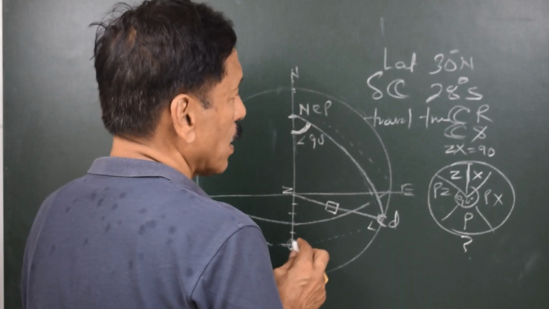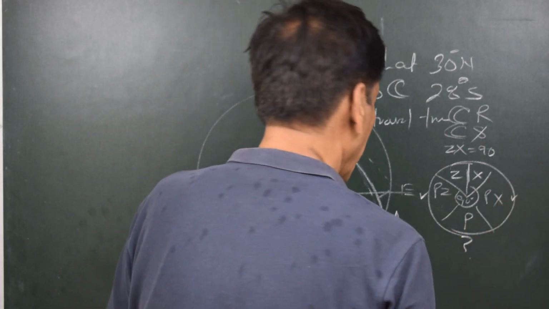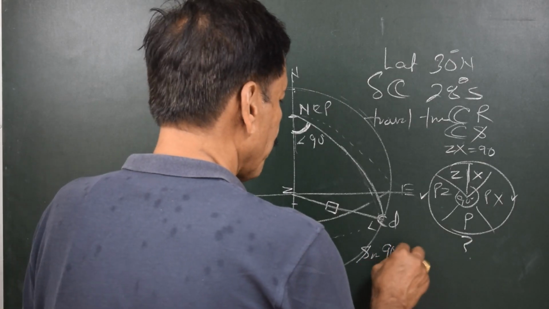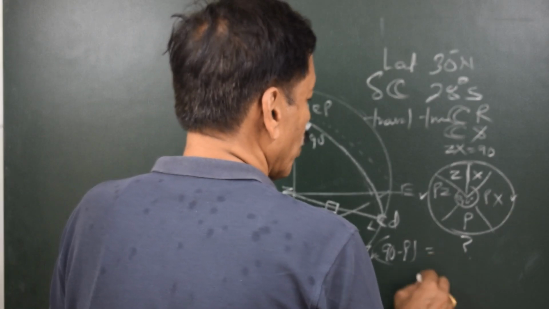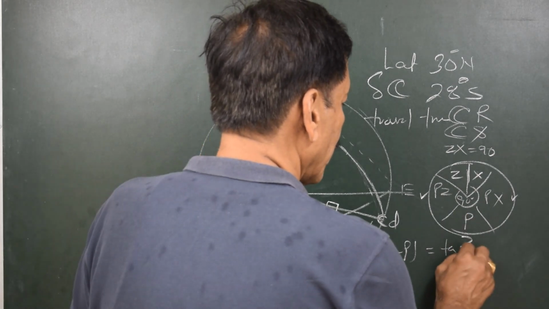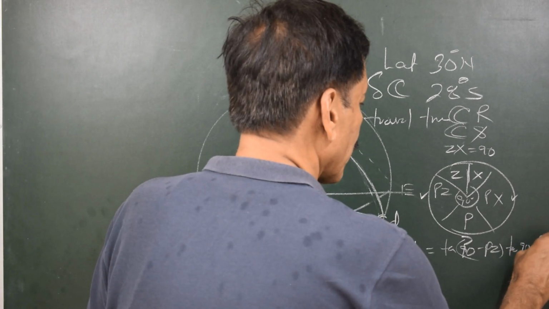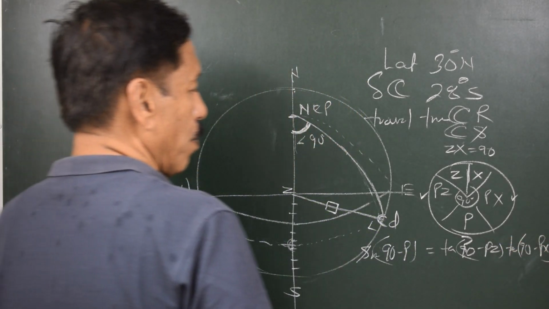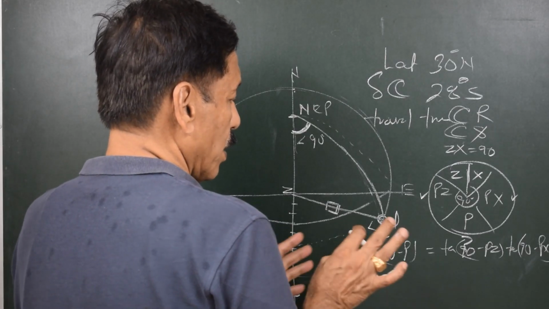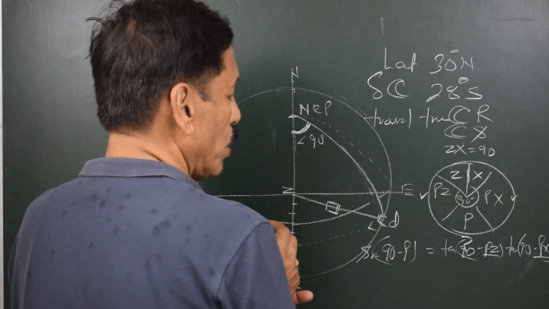What we know in this question is latitude, so we know PZ, and we also know the declination, so we also know PX. So the relationship would be sin of 90 minus P is equal to tan of 90 minus PZ, tan of 90 minus PX. But because one of the sides in the Napier is 90 degrees, we have this rule that if on the right hand side both are sides or both are angles, we introduce a negative sign.